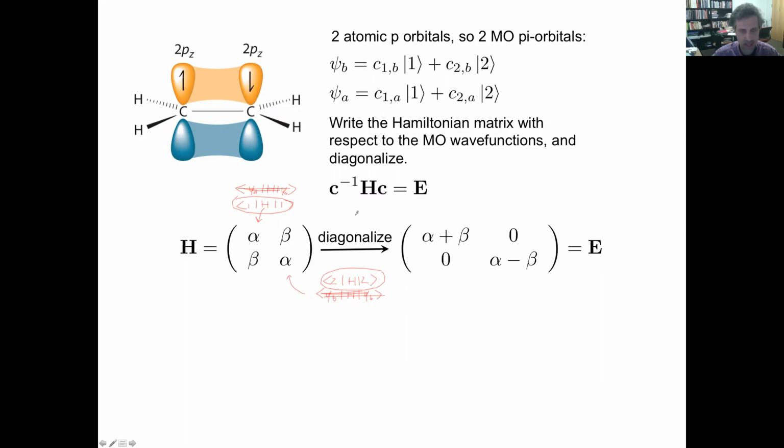We actually did that because we knew what the column vector matrices are, and then we diagonalized them. We found the following: alpha plus beta and alpha minus beta. Those are the diagonal elements. Now, those are the two energies that we find, and therefore we have alpha plus or minus beta as the result. Okay.